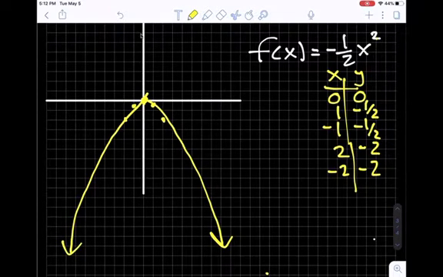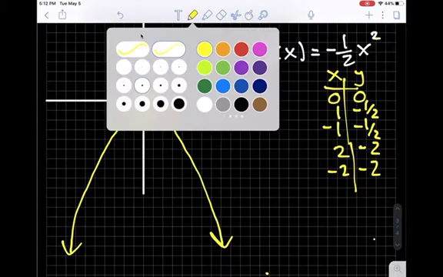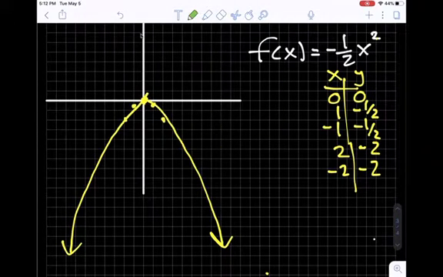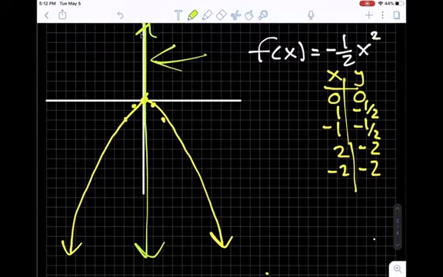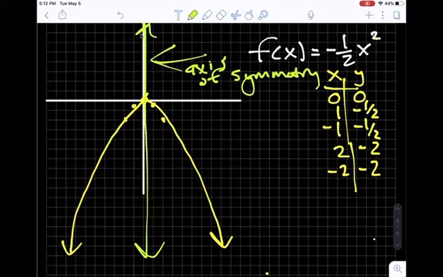Now let's identify our features really quick. Our axis of symmetry is going to be right here. That's the thing that splits the parabola in half, where we have a reflection of it.